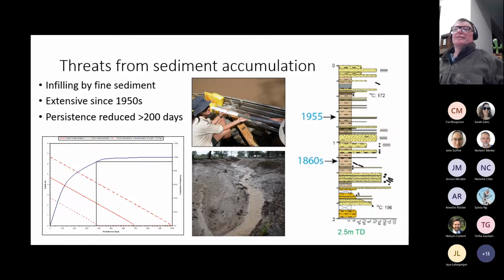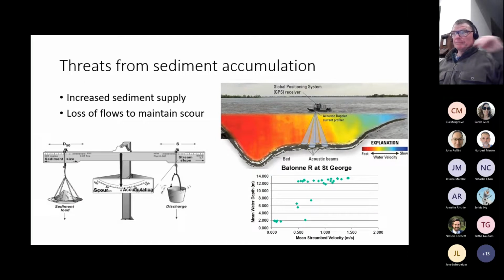So it does suggest that ongoing deposition is a problem. In this particular part of the world, we can't blame water resource development because the flow regime here is not particularly affected. It's fairly natural. So it does seem like what we're dealing with is an increase in supply of sediment to the system rather than a loss of the capacity of the system to scour.